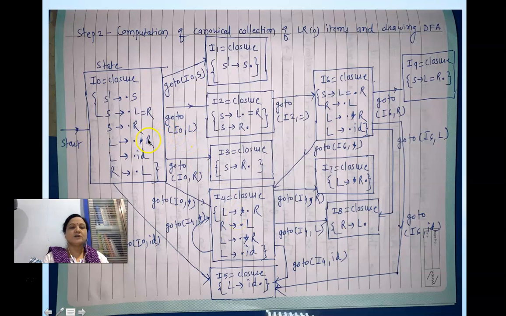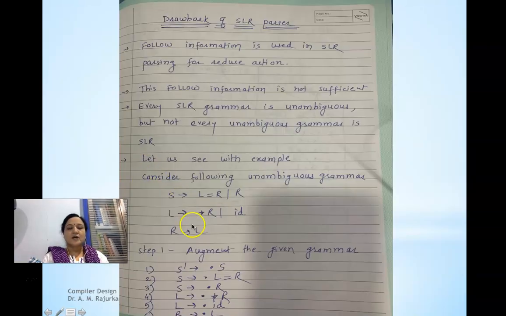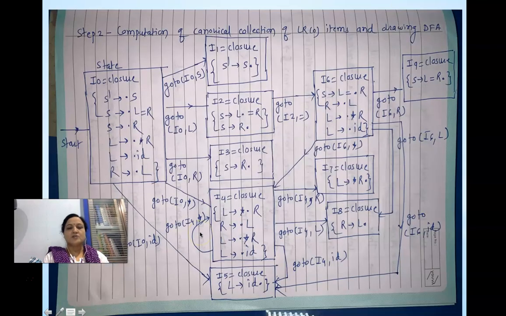So, add those in the closure, L tends to dot star R, L tends to dot ID. Now, since R is after the dot, we add the R production also, R tends to L. So, we add R tends to dot L into the closure.